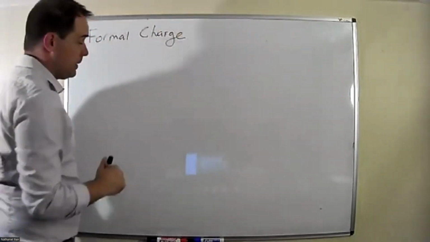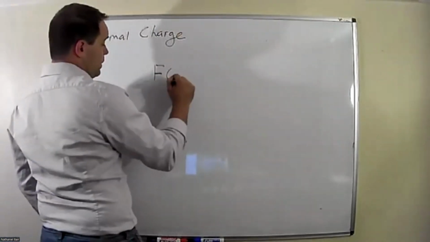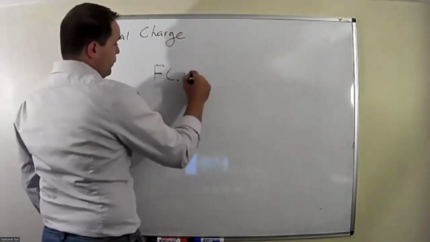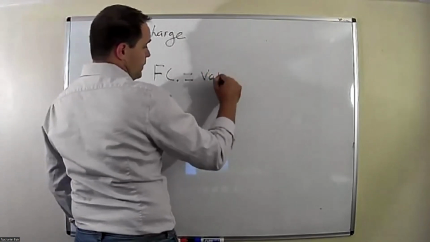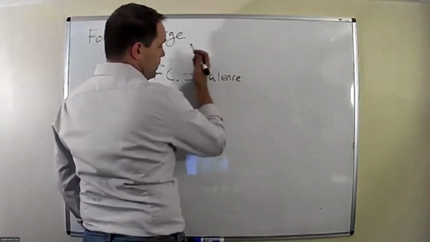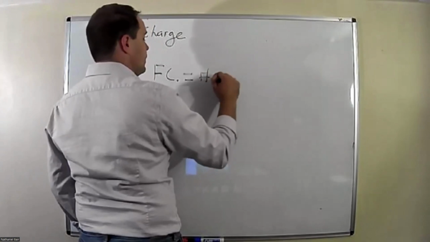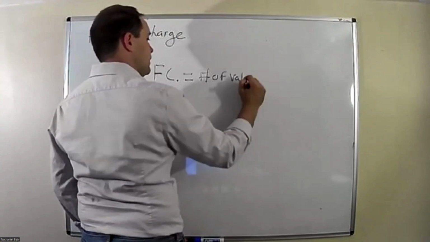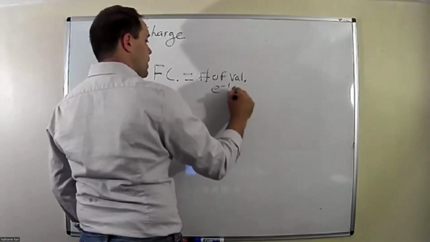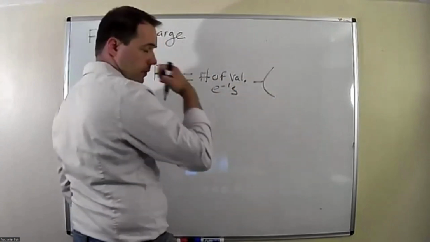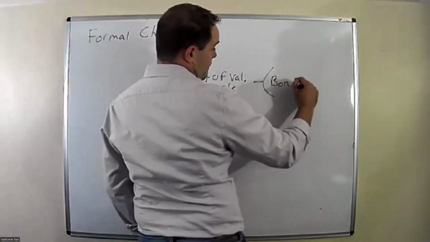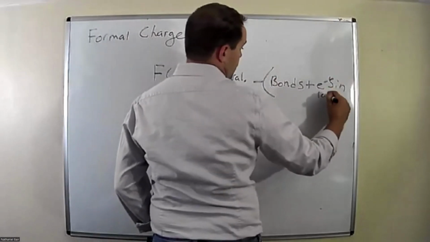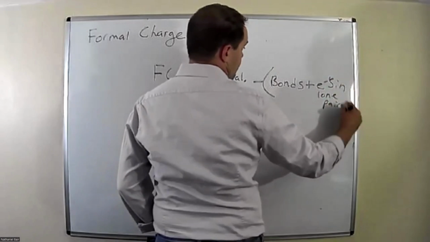Formal charge. The formal charge of an atom, and we're going to talk about what formal charge is and why you want to do it in a second. The formal charge on an atom is equal to the number of valence electrons minus the sum of the number of bonds that atom is making plus the number of electrons in lone pairs.